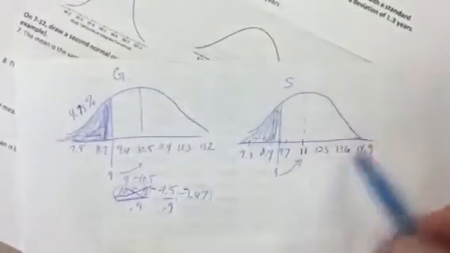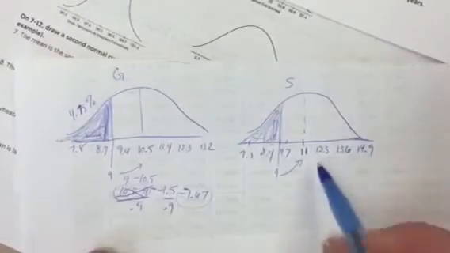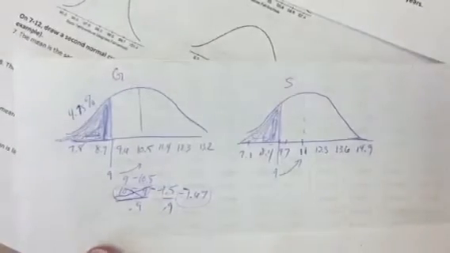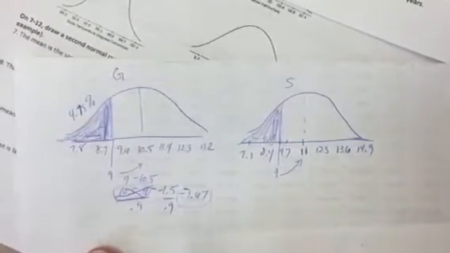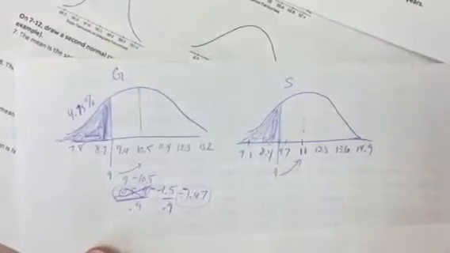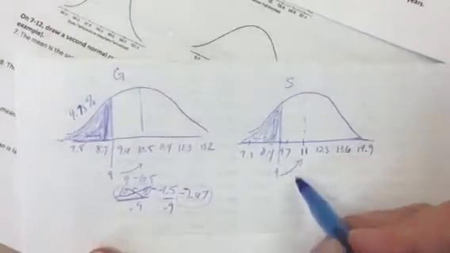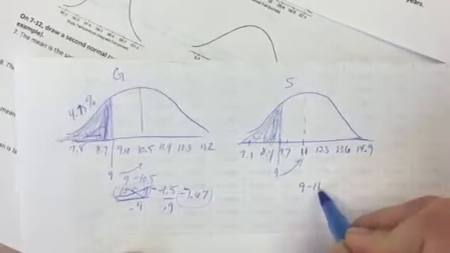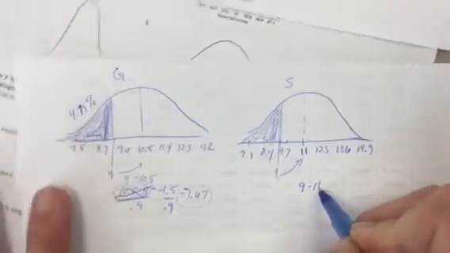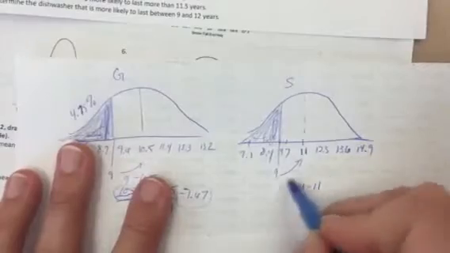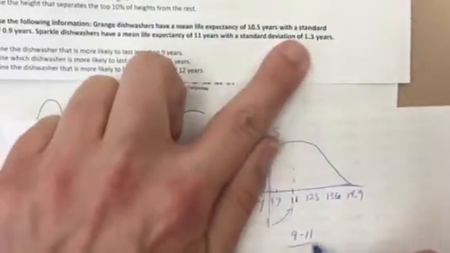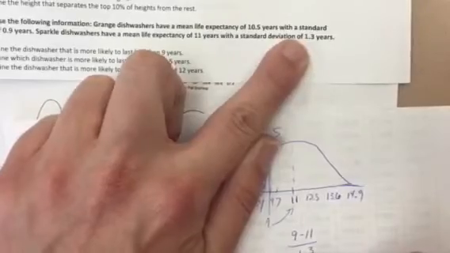Now, with Sparkle, we want to know how many fall below, so we do the whole thing over again. So this time we're going to do it right. So all those mistakes we made last time, we get a chance to correct them this time. That's the great thing about mistakes. So this time I'm careful. I know I need to do 9 minus 11, right? And that's how many numbers away, and then to figure out how many standard deviations away, I divide by 1.3, okay?